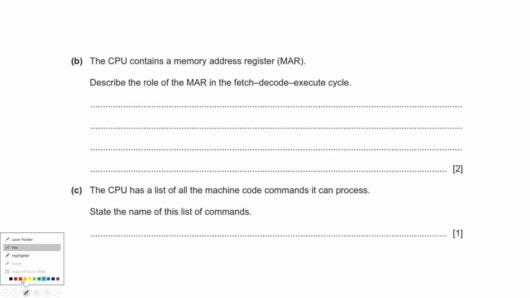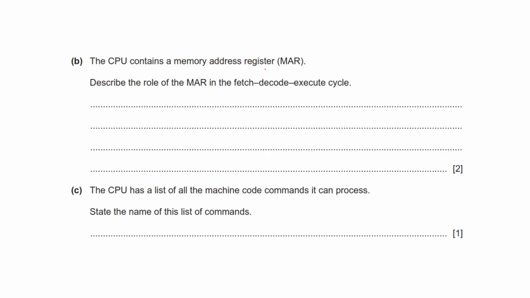Moving ahead, it says the CPU contains a memory address register, or MAR. Describe the role of the memory address register in the fetch, decode, and execute cycle. Basically, once we give an instruction to the CPU, it generates a code, and that goes to the fetch mode.